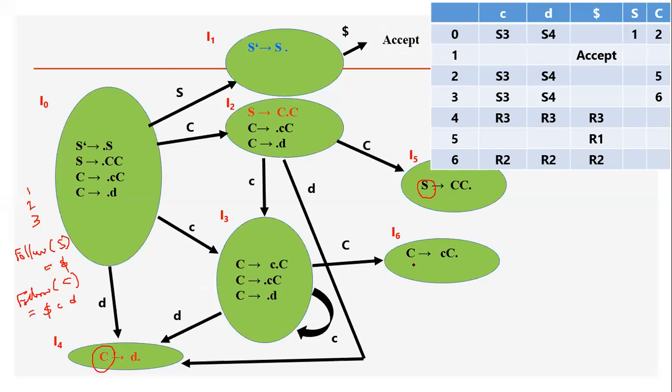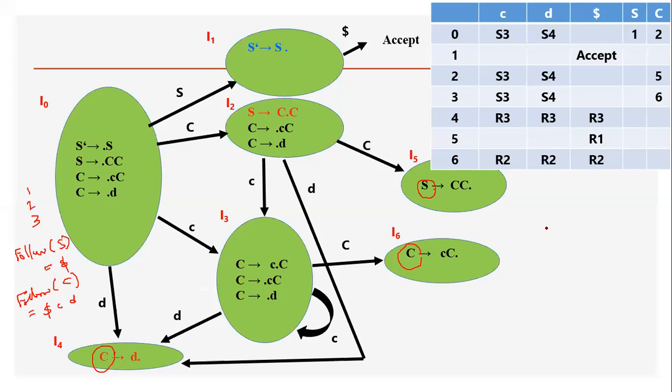From I6 state, C derives CC, you have to find the follow of C. Follow of C is dollar, C, D, and this is rule number 2. So from I6 state on C, D and dollar, you have to write R2, R2, R2. This makes the entire table ready, and it is perfectly correct because there is no conflict in the table and the grammar is perfectly suitable for this parser.